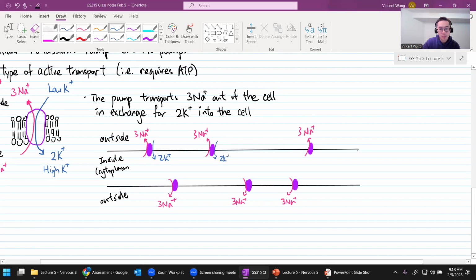As you're drawing this, I want you to think about what's going to happen to the charge of the membrane. Is it more positive outside or is it more positive inside? Remember, you are pumping 3 positive sodium out in exchange for 2 positive potassium in. If you keep on doing this over time, where will it be more positive?